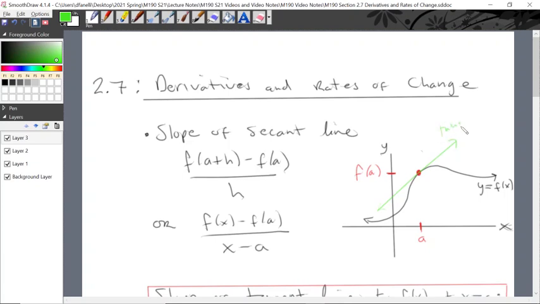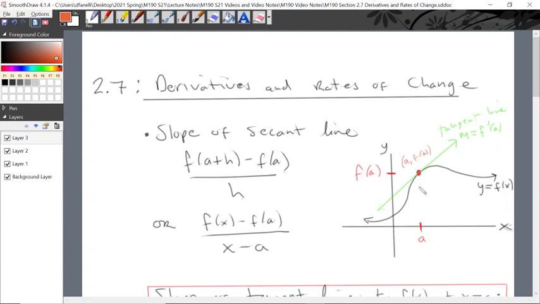So this green line here, that would be our tangent line. Notice that the tangent line itself, of course, has its slope m equal to f prime of a. That is the slope of the tangent line, f prime of a, found by taking the derivative by using a limit. And there's a point on the tangent line, the same point that was on the curve where it's fixed, the point with coordinates a, f of a.